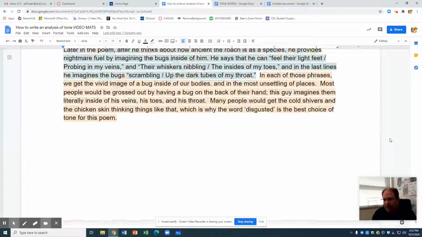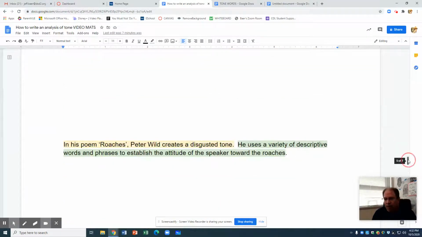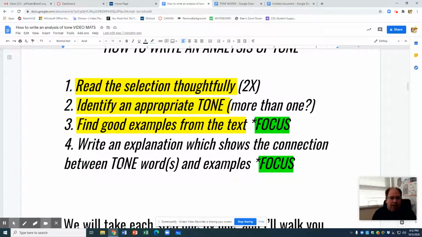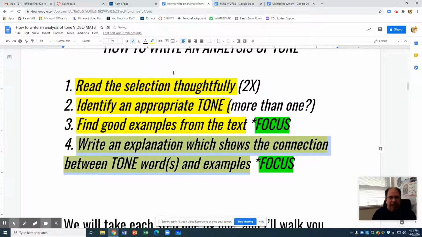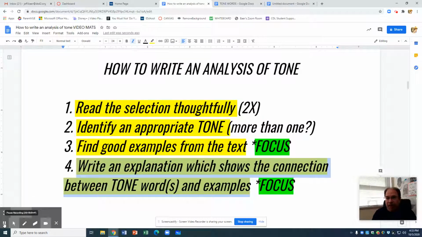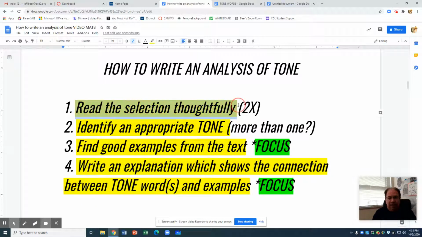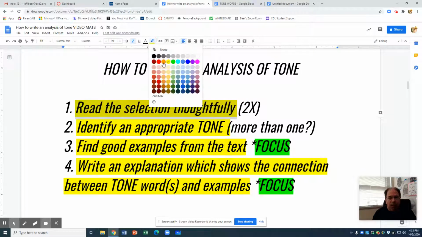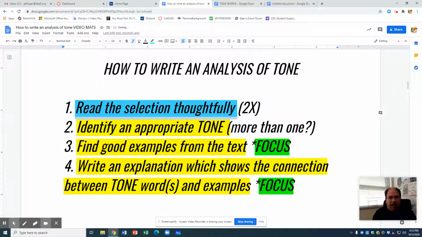We're going to scroll back up to our opening here. So we have done all 4 steps, and that's basically what you need to know about writing an analysis of tone in a paragraph. And I would just leave you with the idea that out of all of these steps, really the key step, the place where it all starts is with reading that selection thoughtfully.